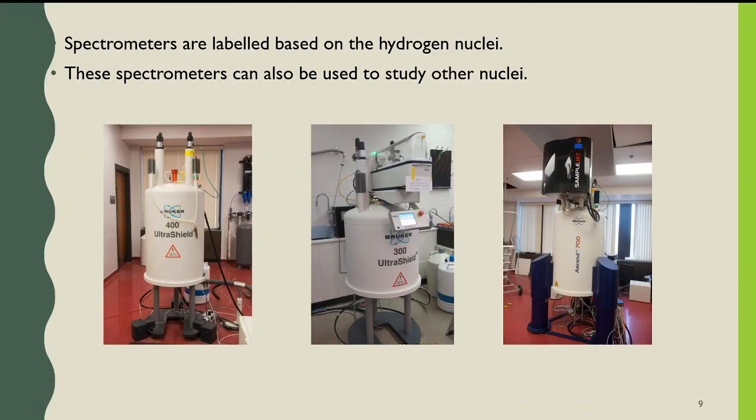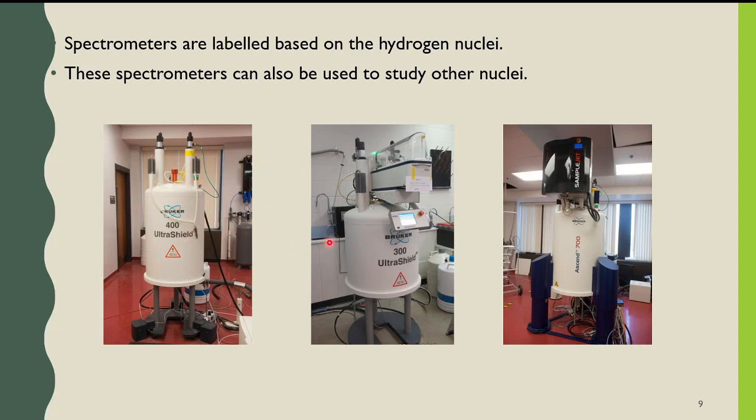Now remember that I told you that sometimes there are subtleties in NMR in my lecture, and sometimes even in the picture. So this is one example. You see that these machines, the spectrometers, have number labels: 400, 300, and 700. What does that mean?